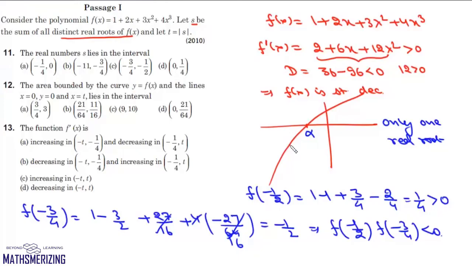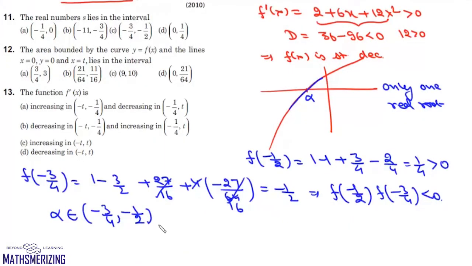Now since it is a strictly increasing function, this equation has exactly one real root, and that real root will lie between -3/4 and -1/2. And now since there is only one real root, the sum of roots is nothing but simply alpha.